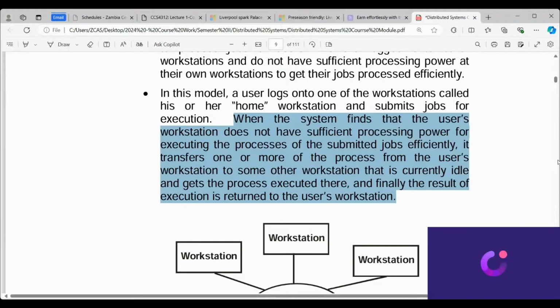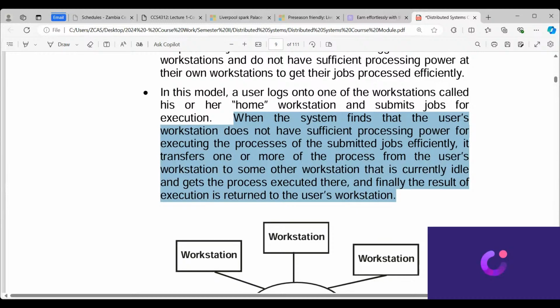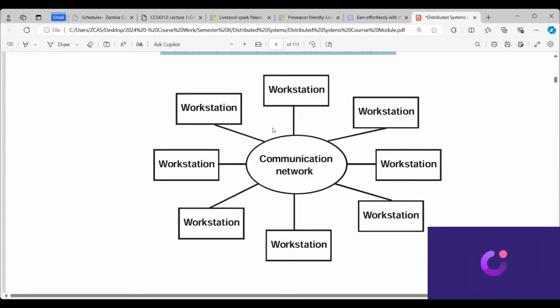But if it turns out that your machine is not capable or doesn't have enough processing power, then the job that you've submitted can be taken to a different workstation that has enough processing capability to ensure that it is worked on.